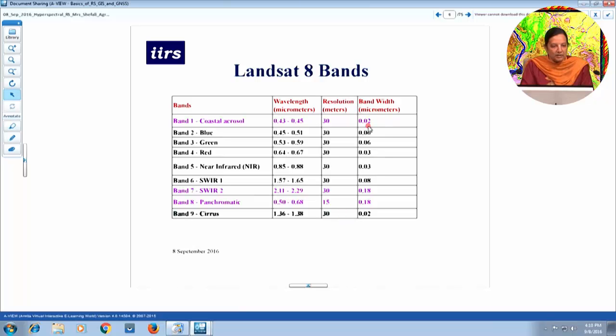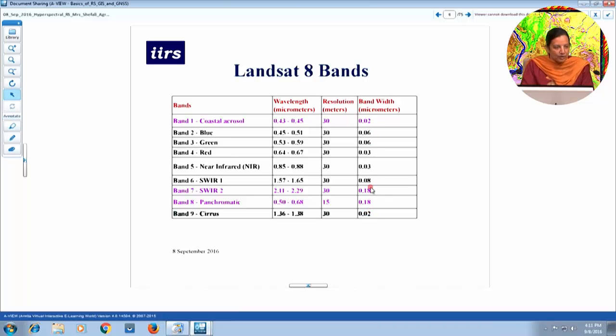Bandwidth is the difference across the range. This is the range; bandwidth is nothing but the difference, for example 0.53 minus 0.45. What is the band range? This range is 0.02 in the case of band 1. For others it is 0.06, and if I go to shortwave infrared 2, it is 0.18, and 0.02 again.